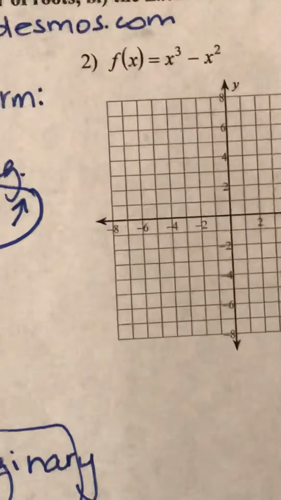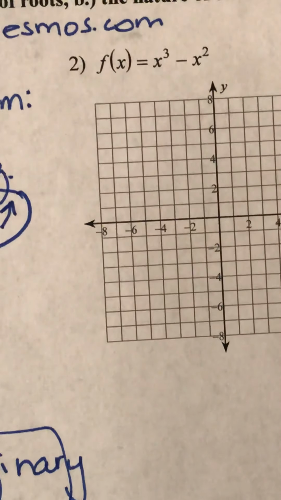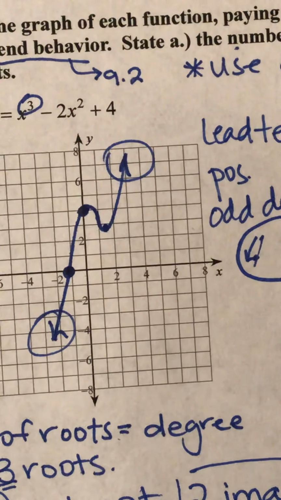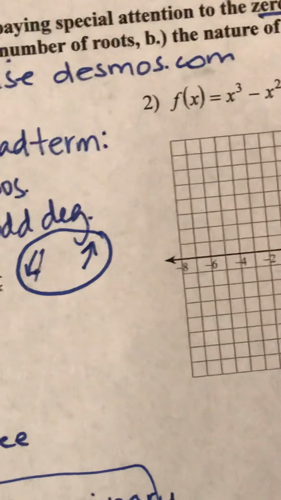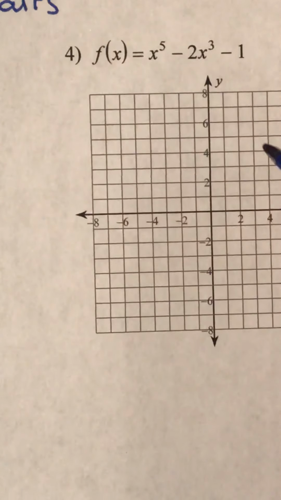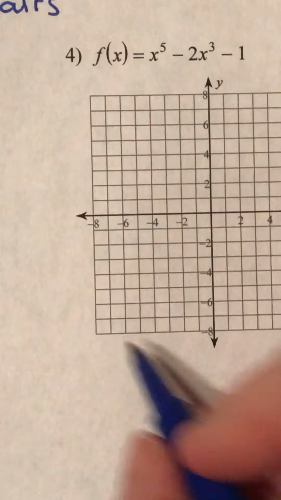Okay, let's take a look at one more example. Let's go ahead and do number 2. Actually, let's skip to number 4. Number 4 says we have x to the 5th minus 2x cubed minus 1.